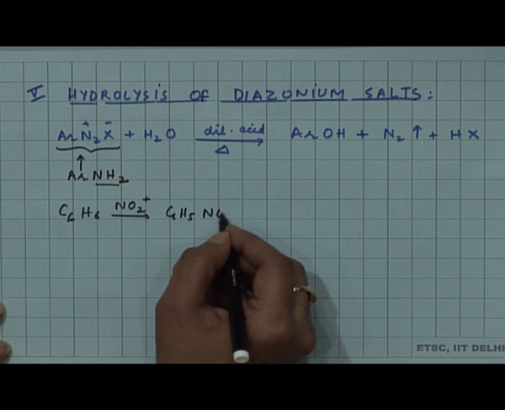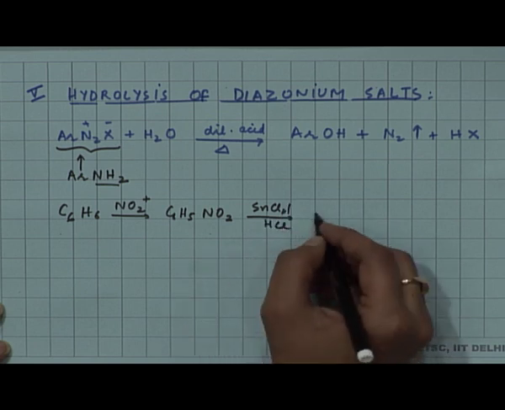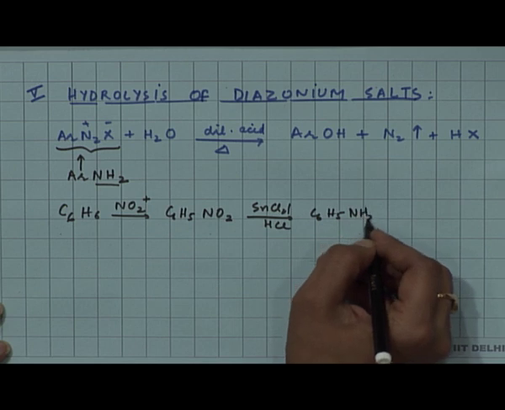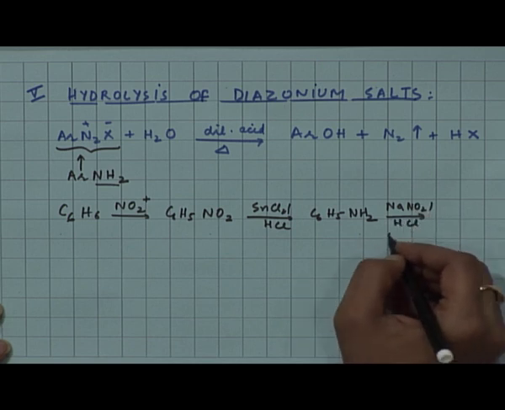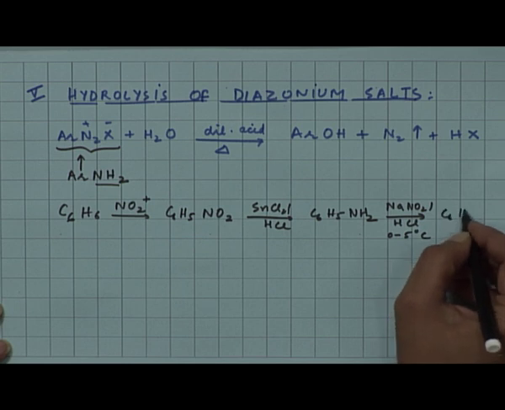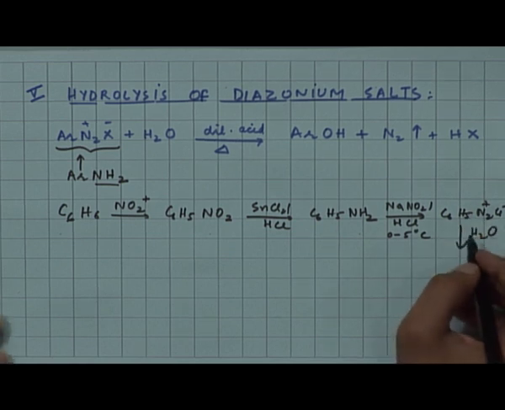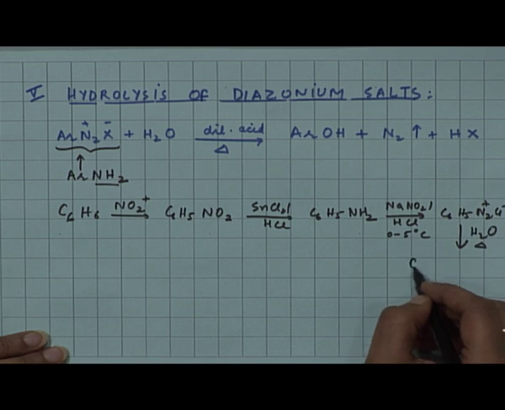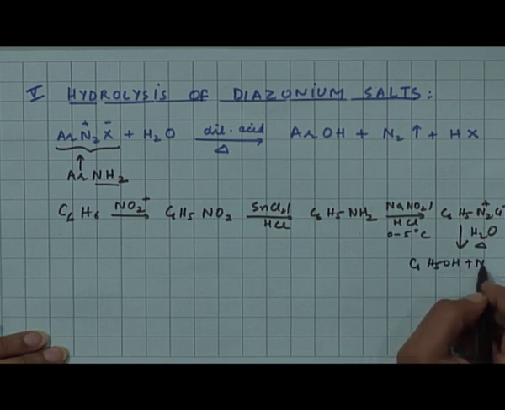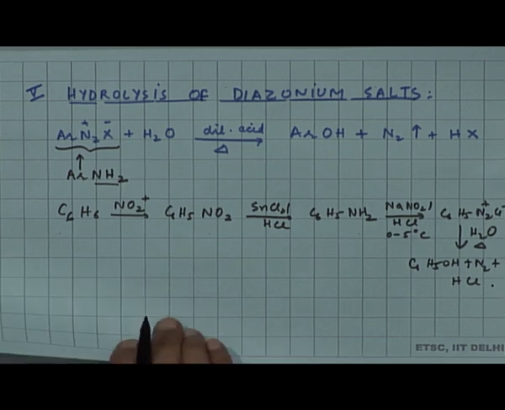You get the nitro substituted benzene, reduce it with tin HCl, you get the arylamine, and the arylamine can be subjected to diazotization with NaNO2 HCl at low temperature, when you get the diazo compound, which can then be subjected to this acidic hydrolysis under heat, and you get the phenol and nitrogen in HCl. So, this is essentially a very straightforward method starting from the diazonium salt hydrolysis.